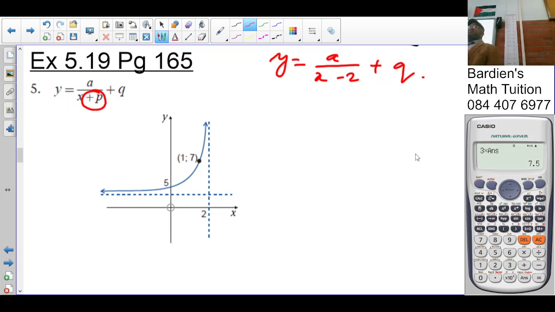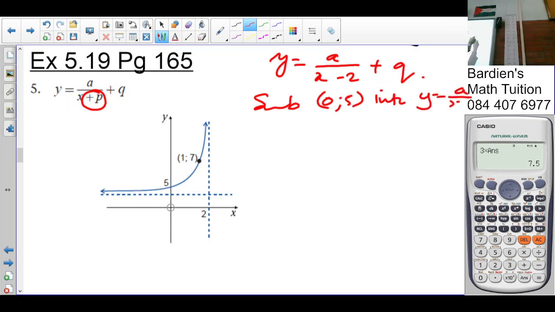The x and the y form the formula for the function, not so? So we'll substitute. What are we going to substitute? 0 and 5 into y equals a over x minus 2 plus q. Again, you don't have to write that down.